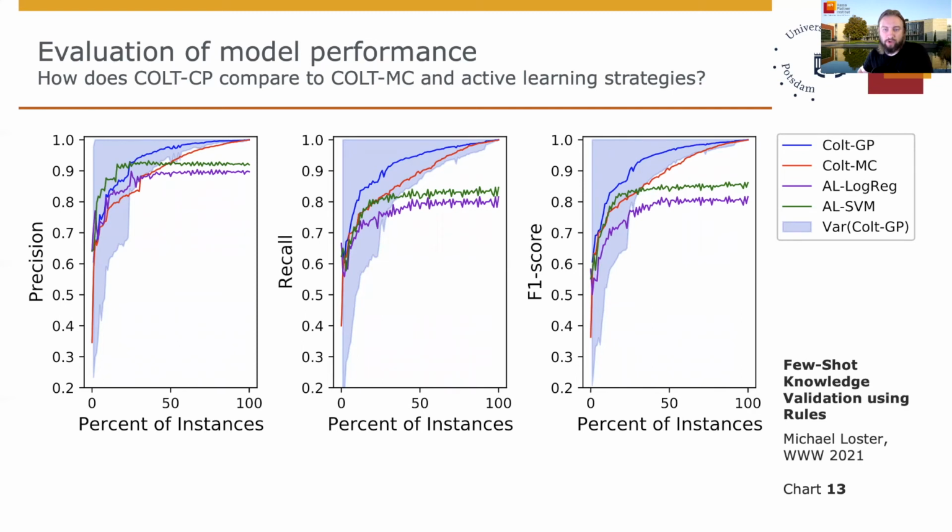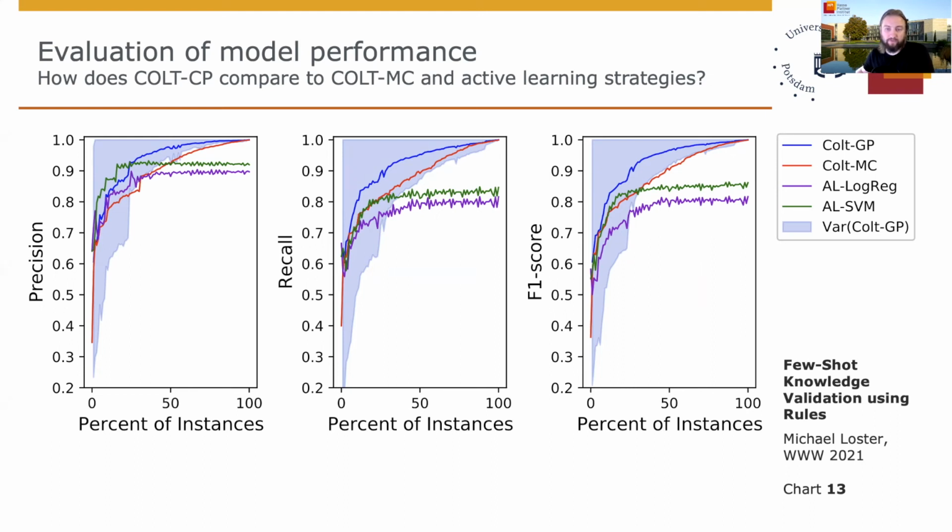As the plots show, both active learning strategies fall behind the COLD-GP and COLD-MC approaches rather quickly, suggesting that neither model possesses sufficient capacity to cope with the complexity of the problem. After using 15 to 20% of all training instances, their performance stagnates between 80 to 84% F-measure.